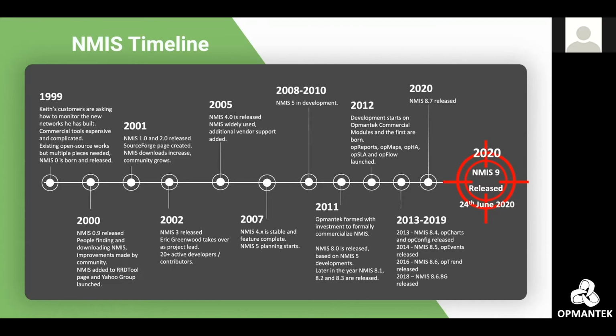NMIS 8's been a fantastic engine. It's really taken us, and all of our customers are very happy with NMIS 8. But being the guy who started with NMIS, I'm looking at it and thinking of all the things that I can do to make it better. So we undertook to start NMIS 9 a while ago. The ideas for NMIS 9 have probably been around for 5 years or more, and then we started working on NMIS 9 in the background a while ago, and we released it on the 24th of June.